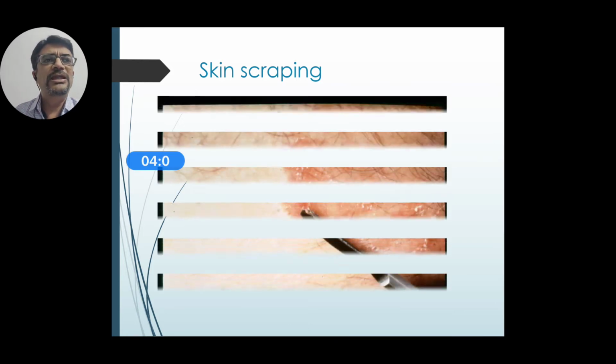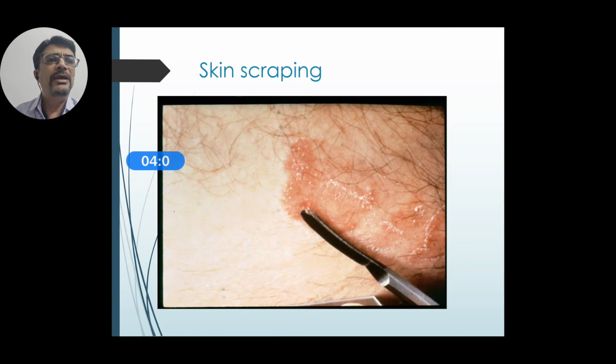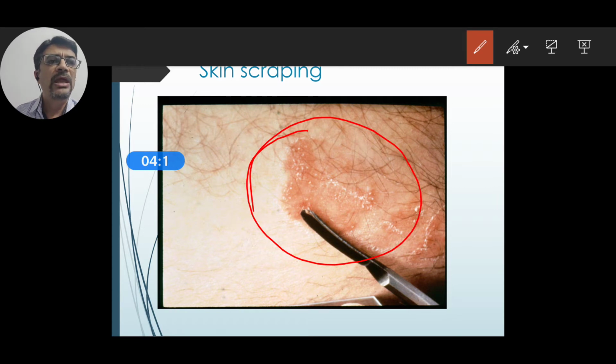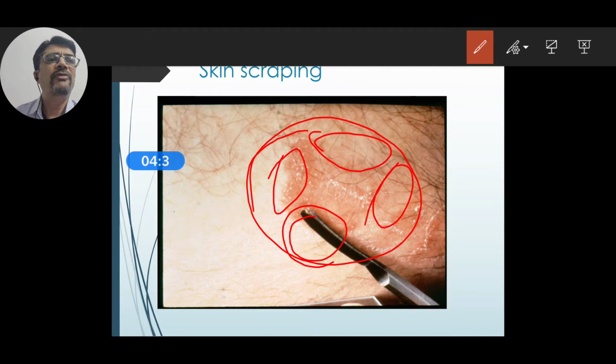Skin scraping. So what we do in skin scraping, we see this is the typical lesion. I just mark it so you will understand it better. This is the lesion of the ringworm, or the typical lesion of the dermatophyte. So you have to collect from the periphery, because in this area the fungus would be growing in active phase.